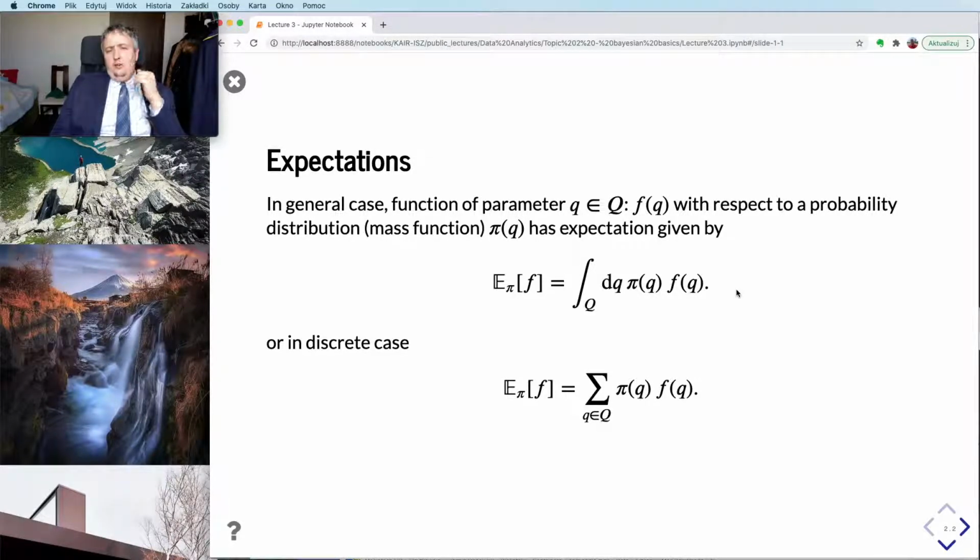This integral might be a bit strange notation for you. We are integrating over all possible values of q, with dq over all the elements. This notation of dq before the integrand is more common in statistical literature, that's why we are using it.